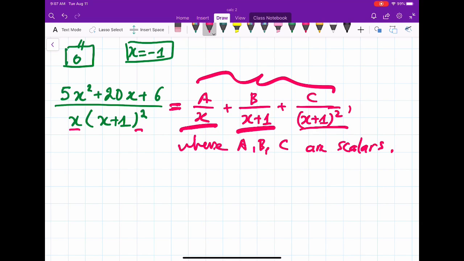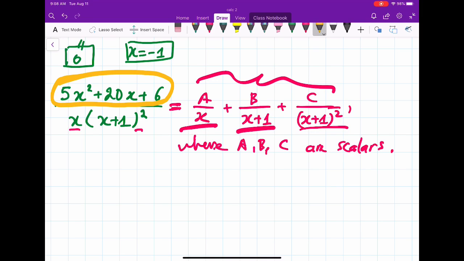Again, you do a very elementary operation. You just make a common denominator on the right hand side part, and then you write that in the form of a polynomial on the top, and then you compare with this polynomial.